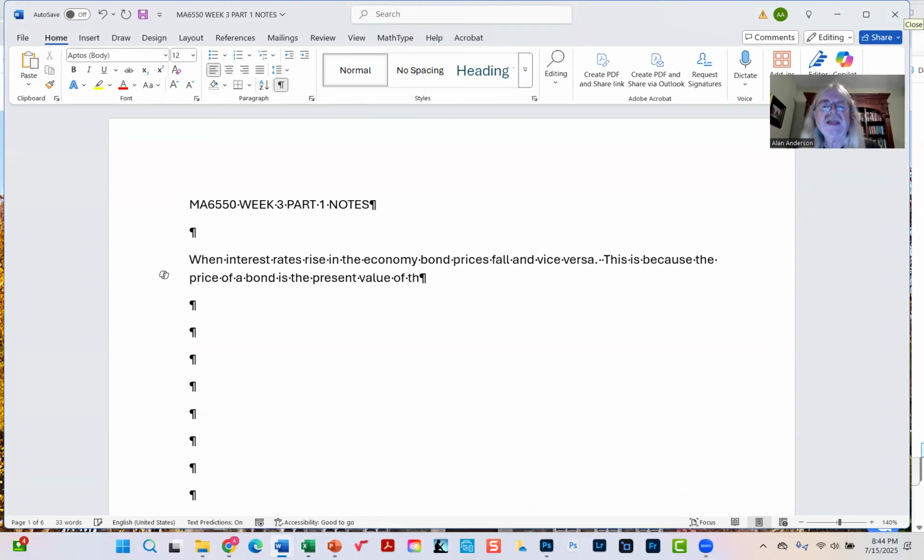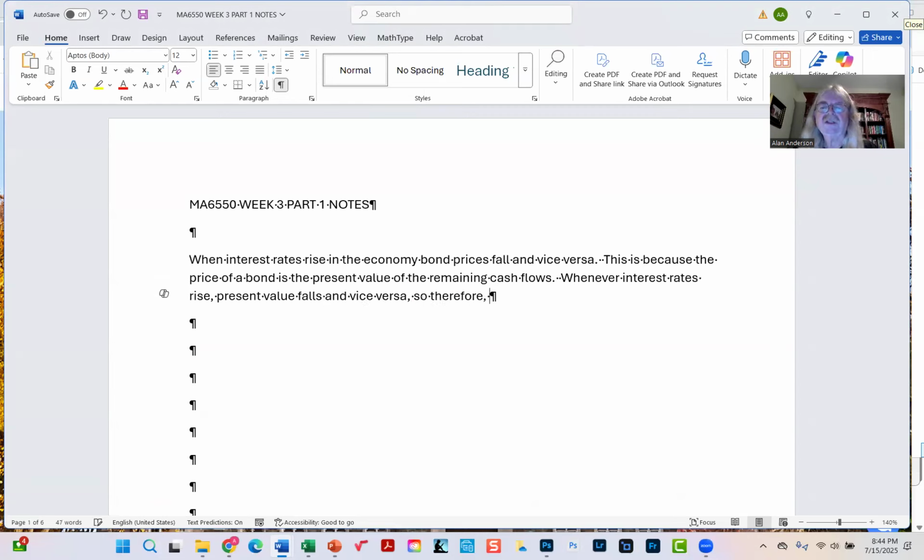So the present value of the remaining cash flows. And so you remember the way present value is calculated, whenever interest rates rise, present value falls, and vice versa. So therefore, rising interest rates lower bond prices, and vice versa.